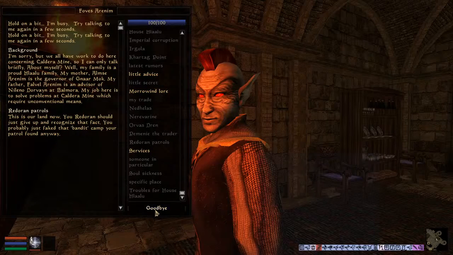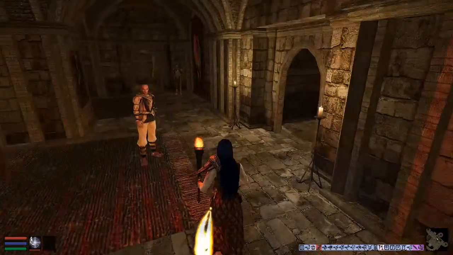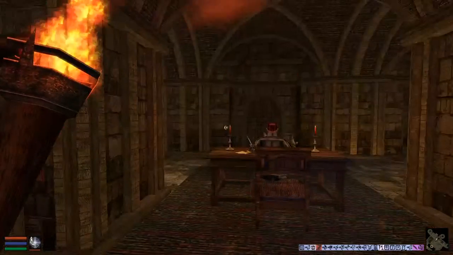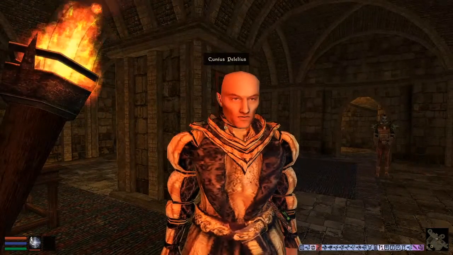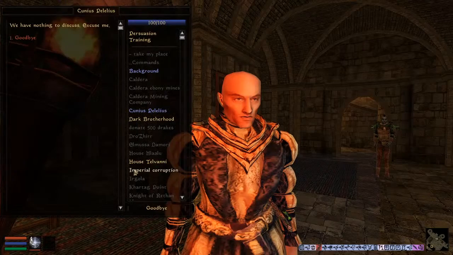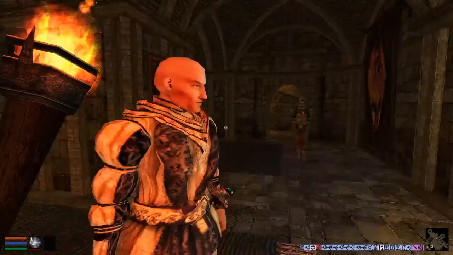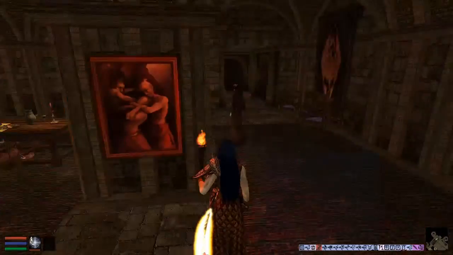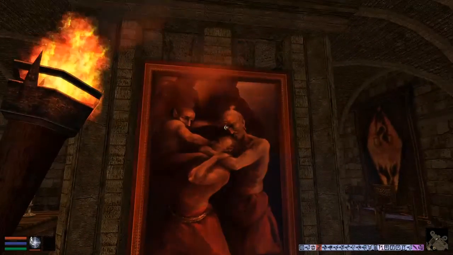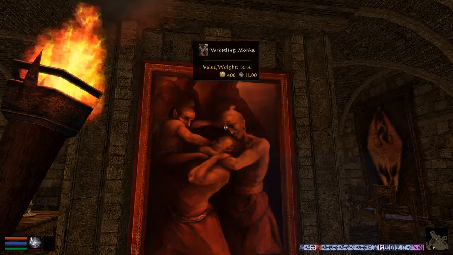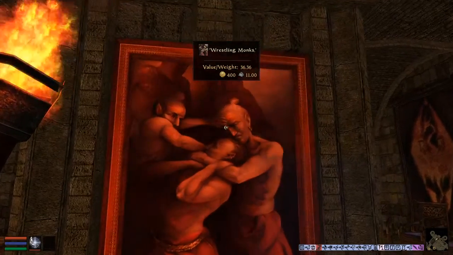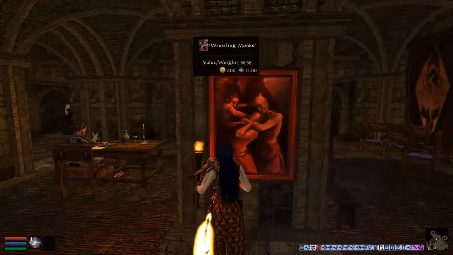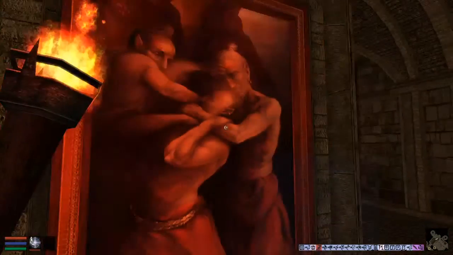And this is probably from the Caldera Mines mod. It's not going to discuss. Oh, look at this! Very nice. Very nice.